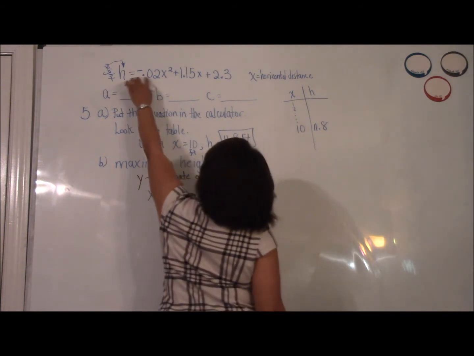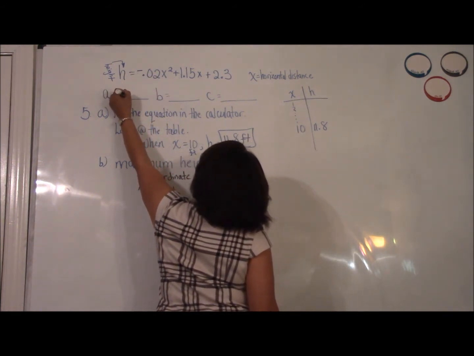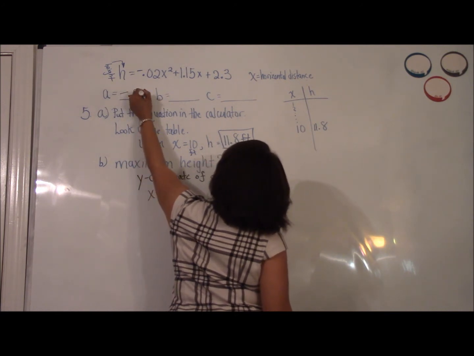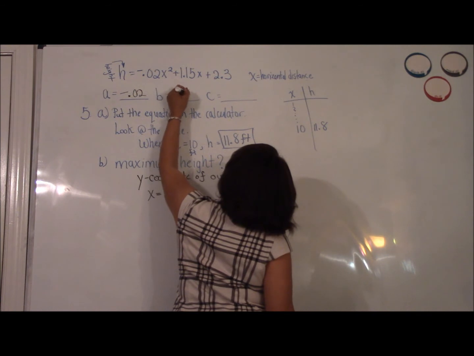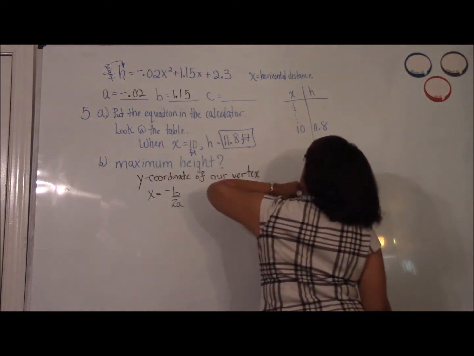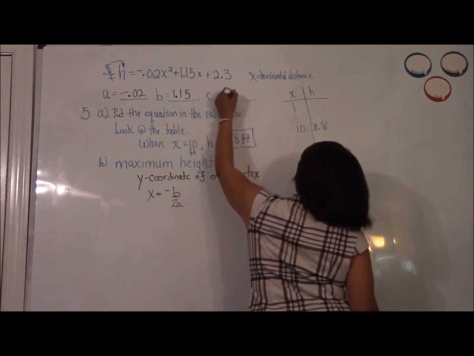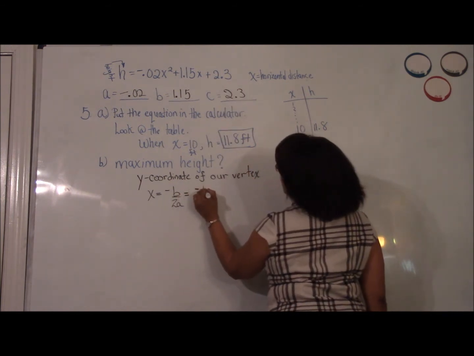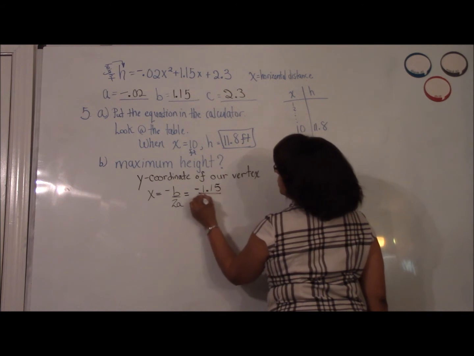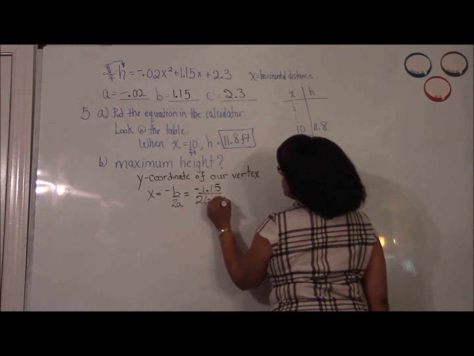So what is A? Negative 0.02. Good. What's B? 1.15. Right. And what is C? So C would have to be 2.3. Good. So let's plug in. The opposite of 1.15 divided by 2 times negative 0.02.